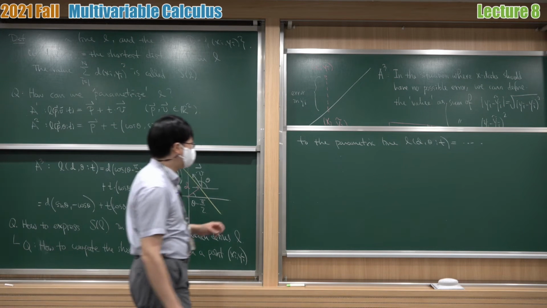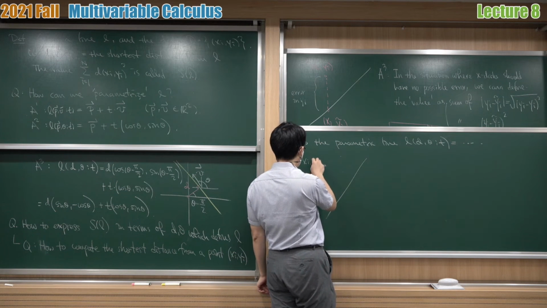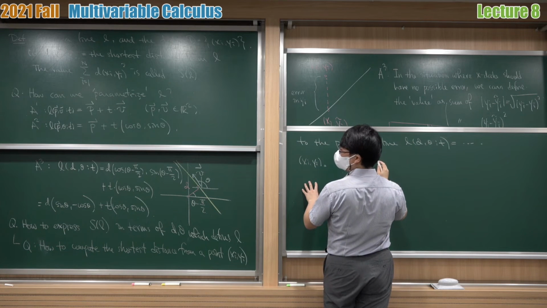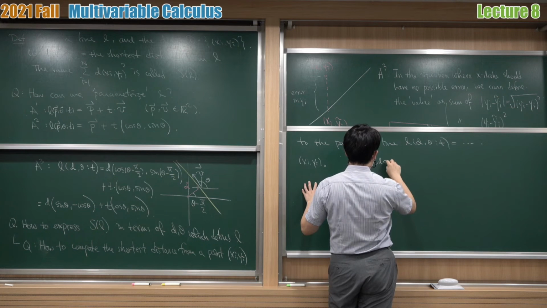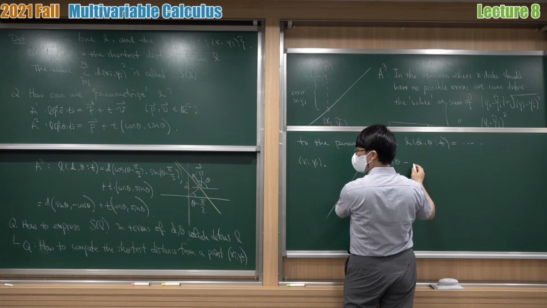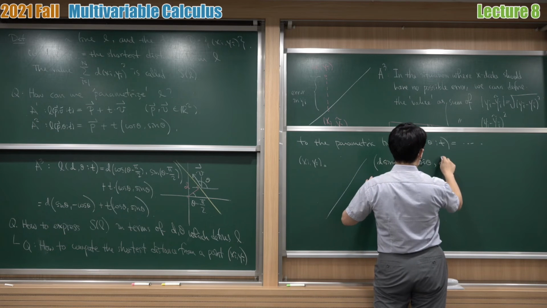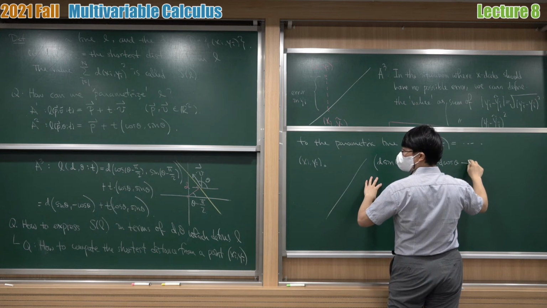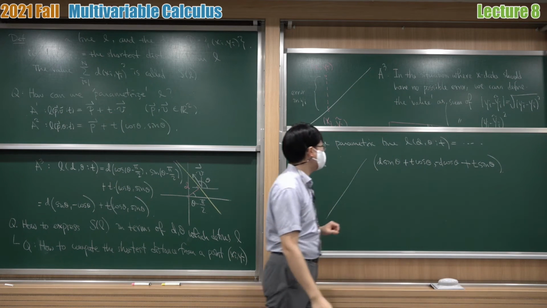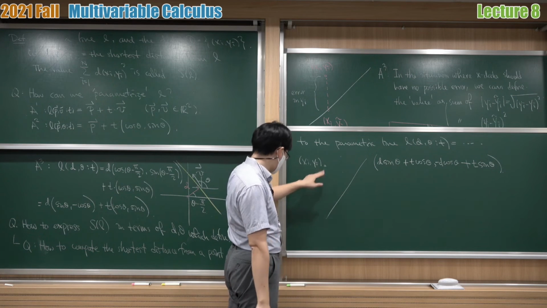So here's the situation. You don't care about xi and yi; you can just replace them with x and y. Here's the line whose equation is (d sine theta plus or minus t cosine theta, minus d cosine theta plus t sine theta). This is our parametric line, and we have a point here.